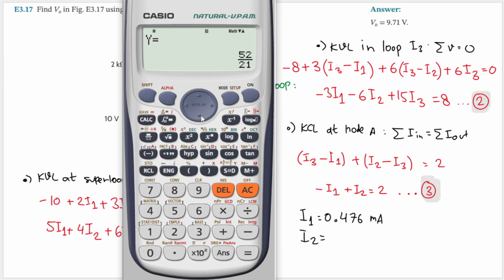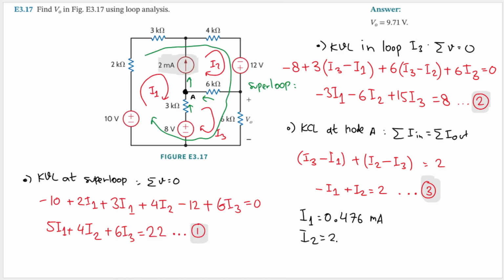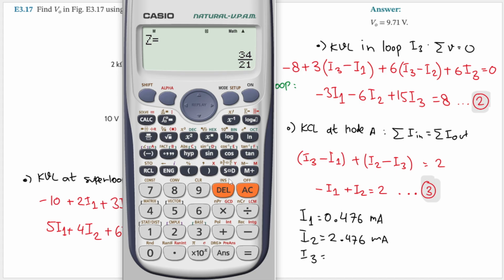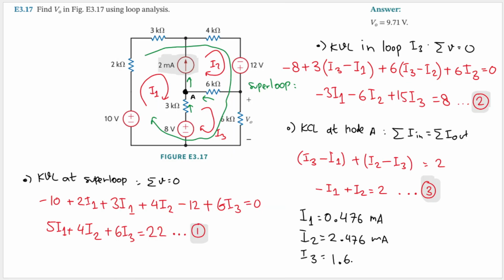I2 is 2.476. What is I3? I3 is 1.619 milliampere.